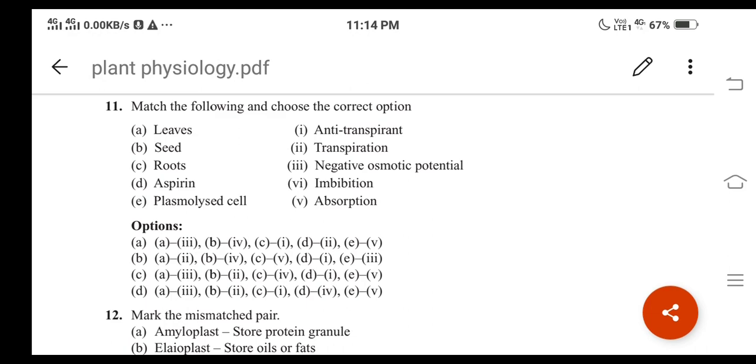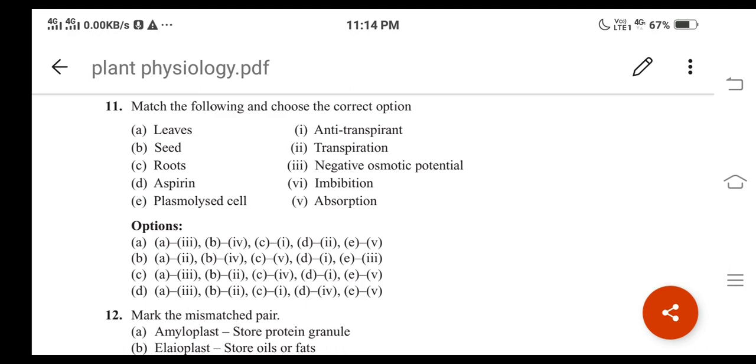A2, leaves are involved in transpiration. Then B4, seed, it shows imbibition. Then C5, roots, they are mainly meant for absorption of water and minerals. Then D1, aspirin, it is called an anti-transpirant.